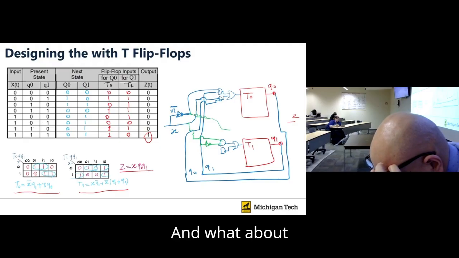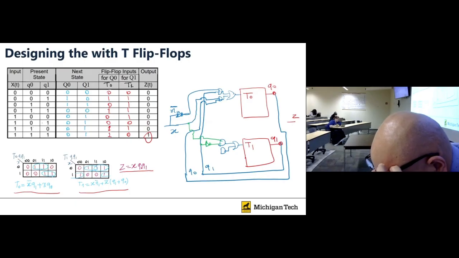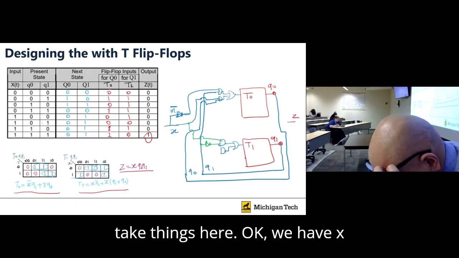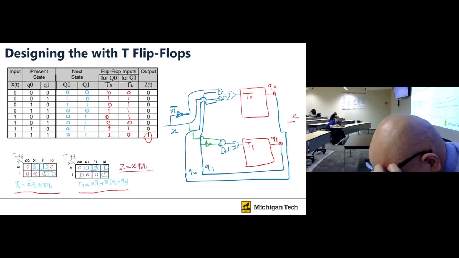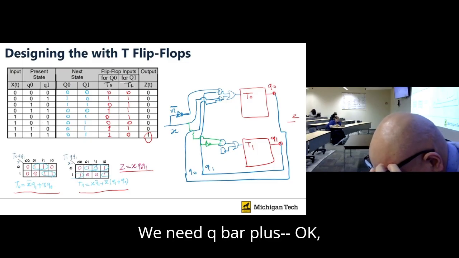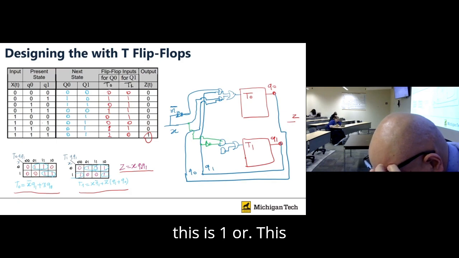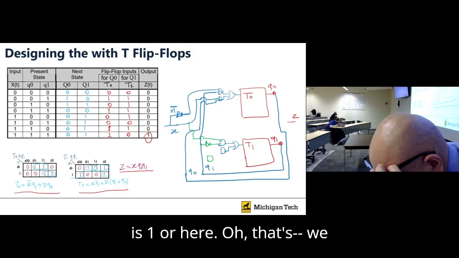And what about, I want to update things here. Okay, we have X bar. We need Q bar plus, okay, this is one OR. One OR here.